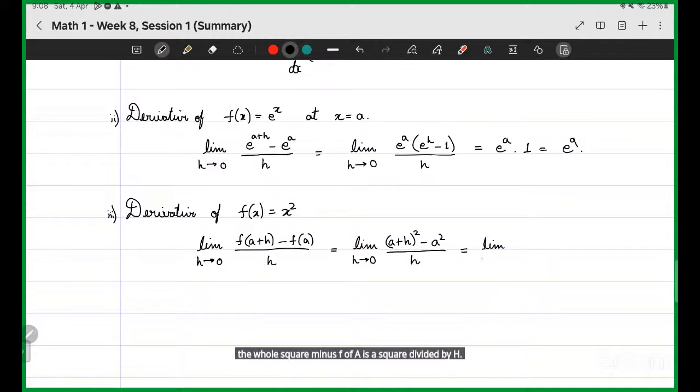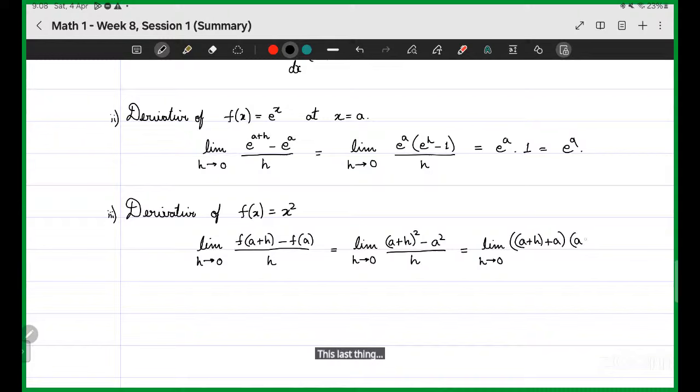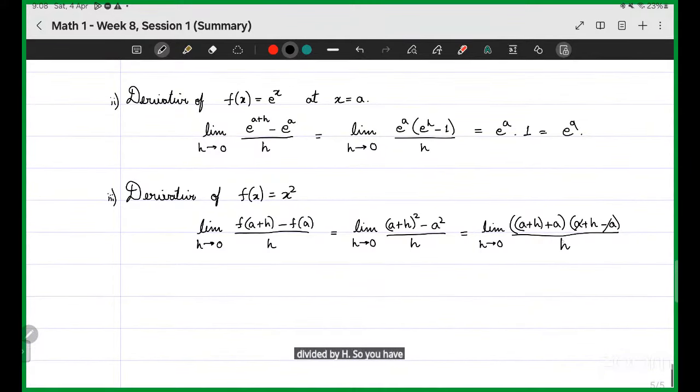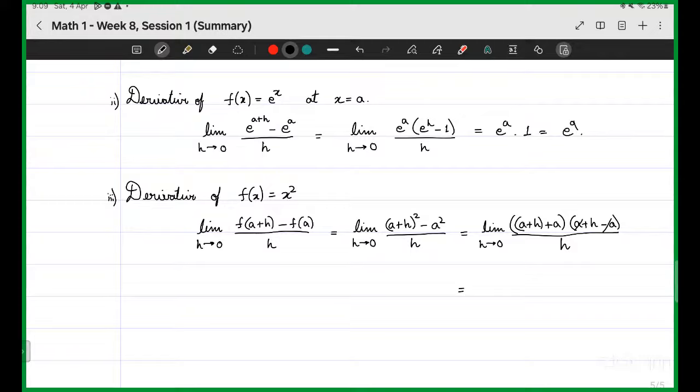If I simplify further, something square minus something square would be this plus a into this minus a, divided by h. So you have an h which gets cancelled with the one in the denominator. And what is the limiting value of the part that's left in the numerator? Sir, that is 2a plus h. If h tends to 0, then that would become 2a.